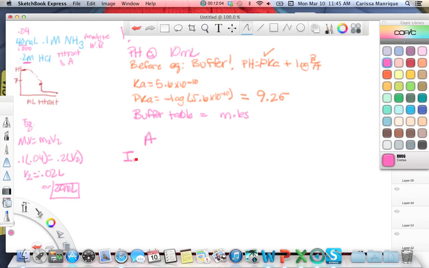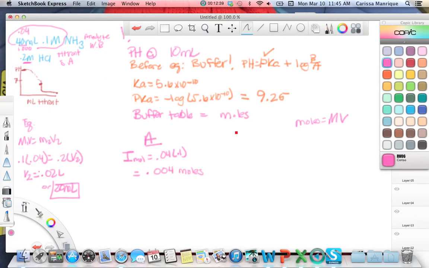Our moles will equal molarity times volume. So initially we have 0.04 liters times 0.1 molar. Okay, that's what our initial things are. So initially we have 0.004 moles.